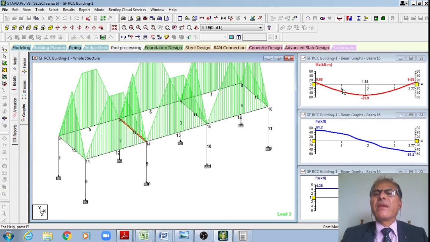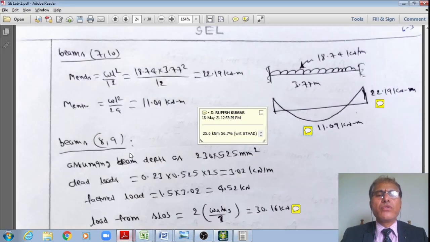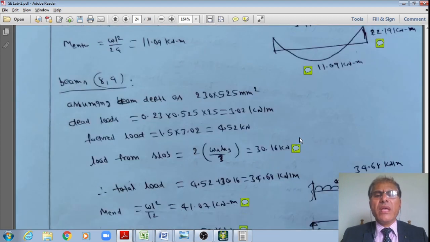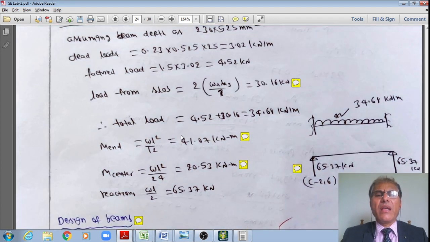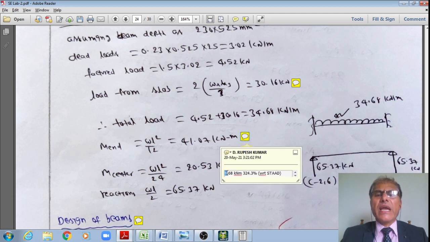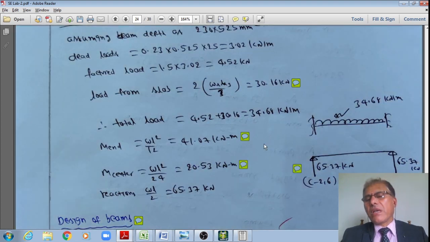Therefore even at the midspan I do have a moment varying from 9.68 to the other end 9.68. The positive bending moment is 51.9, but in the manual calculation what we got is 41.07 instead of this 9.68, almost 324% error, student. Not acceptable. Therefore my manual calculations are not acceptable, because I have not done a refined 3D manual analysis.